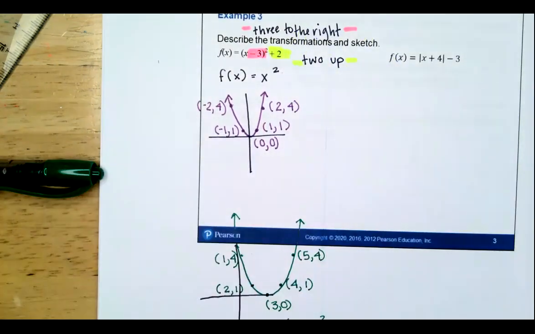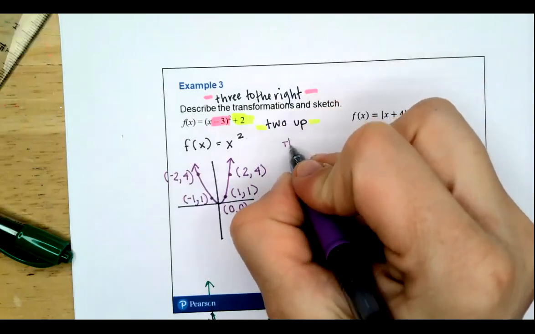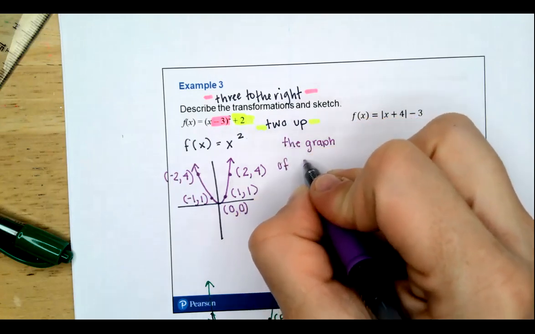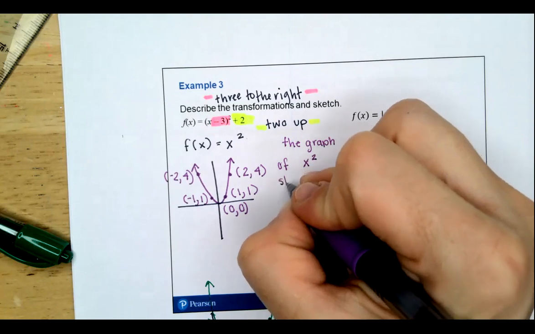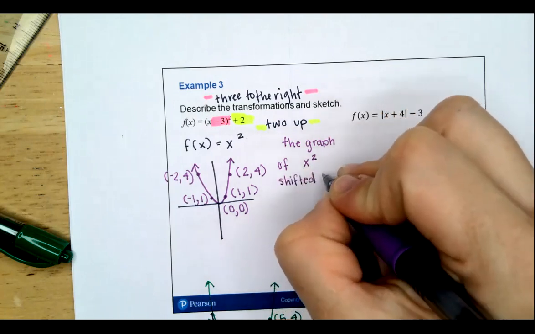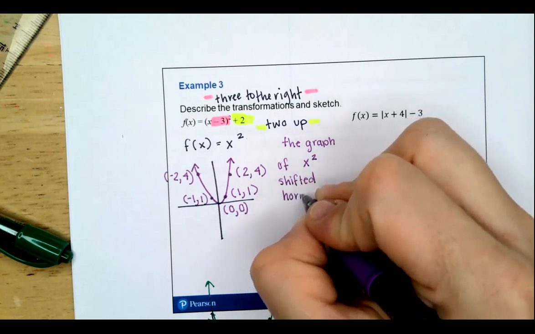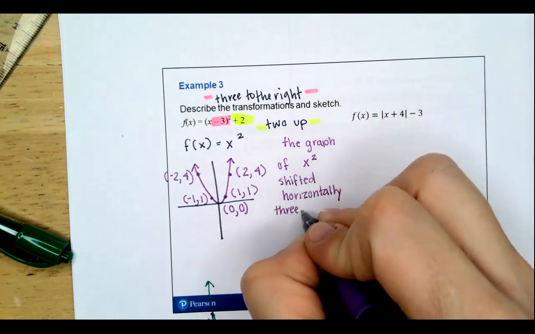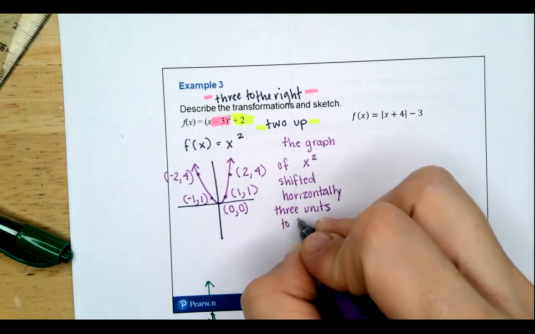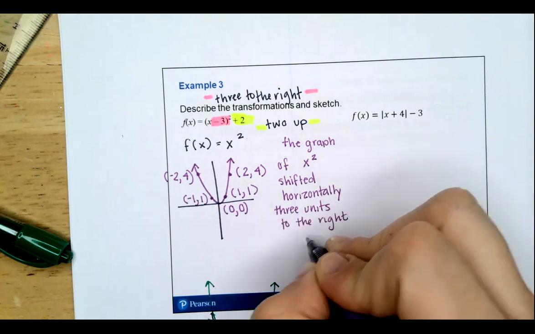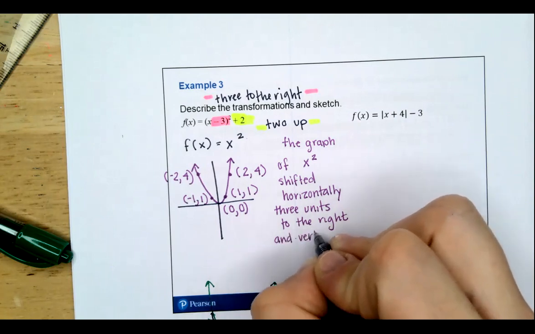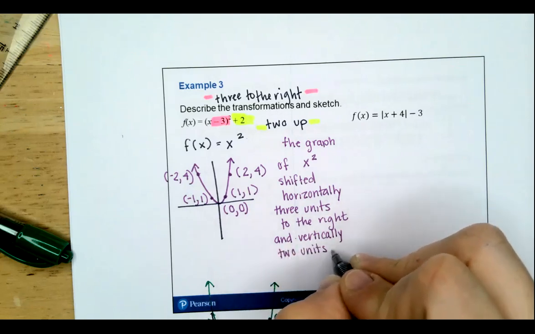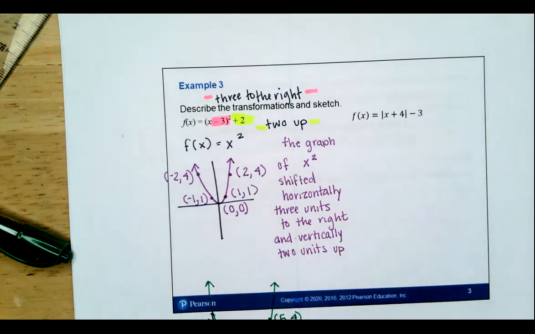We moved it, so it is the graph of x squared shifted horizontally three units to the right and vertically 2 units up. Good.